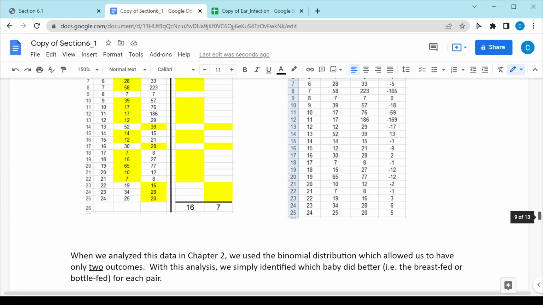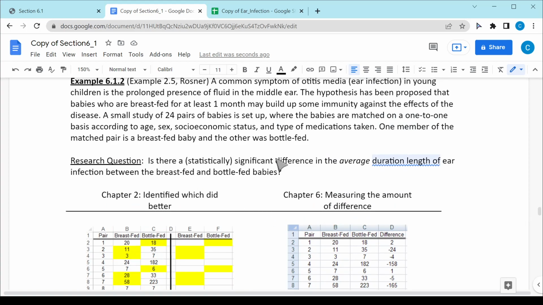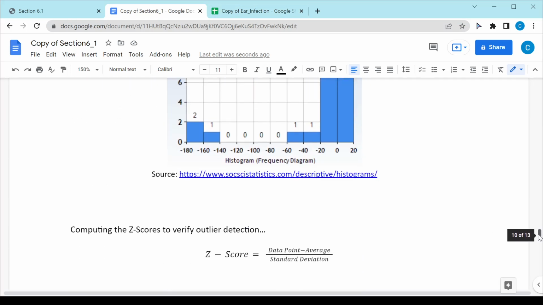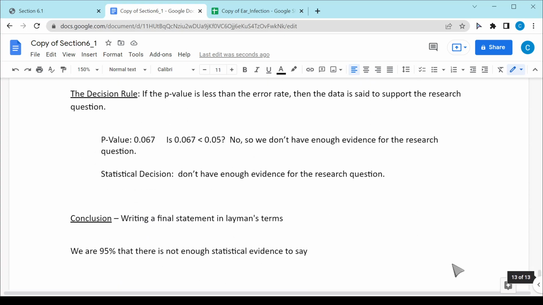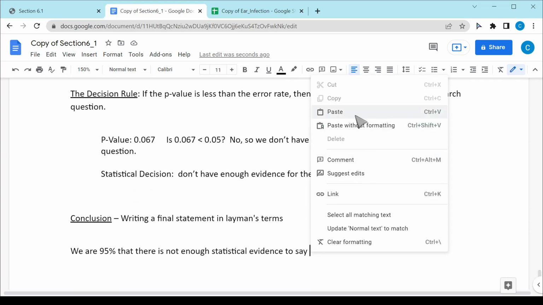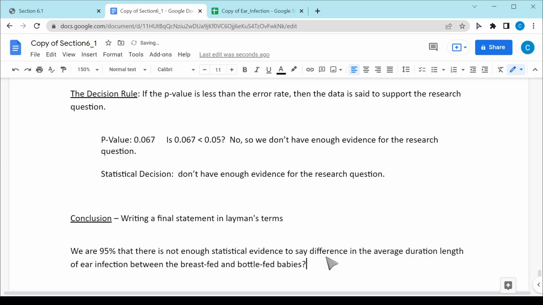Go back up here, finally, there it is, to say that a difference exists in the duration of fluid in the inner ear for breastfed and bottle-fed babies. Okay, so let's paste that in there, to say that a difference exists in the average duration for ear infection between breastfed and bottle-fed babies. The p-value here is 0.067.